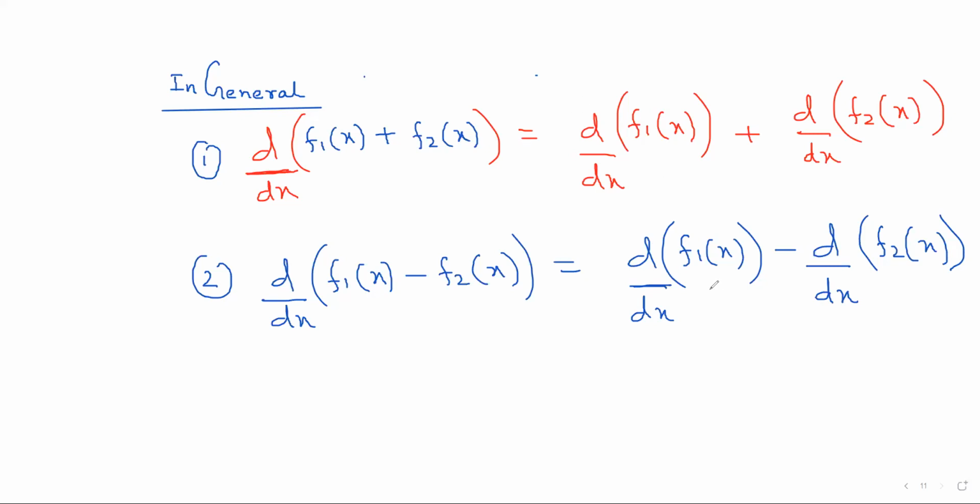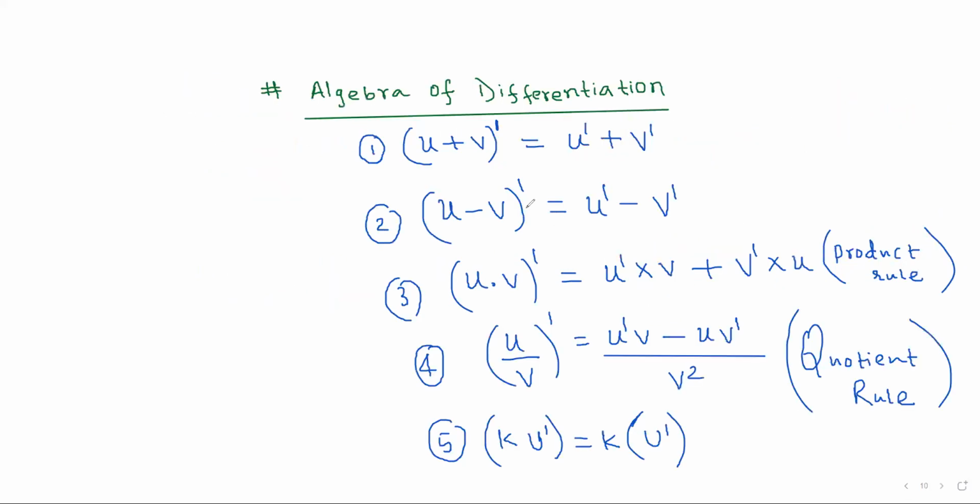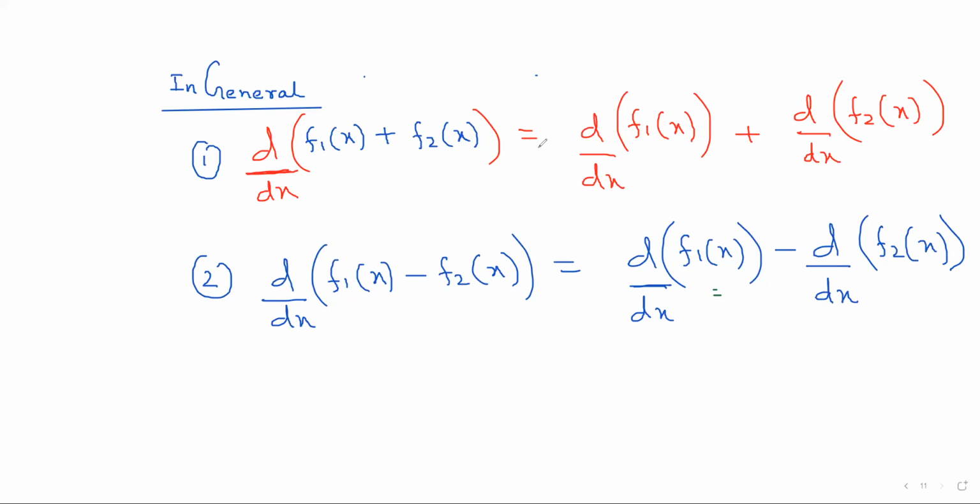So if you differentiate the first function, minus, you differentiate the second function. Guys, is this clear now? Yes, sir. Sir, isn't it the same as the algebra of differentiation you gave before? Yeah, that is the particular condition, and this is the general condition in the algebra of differentiation.